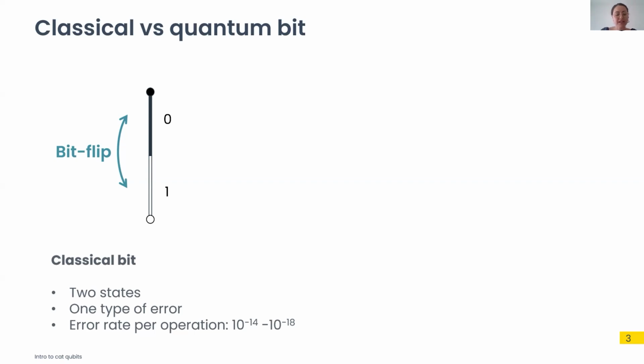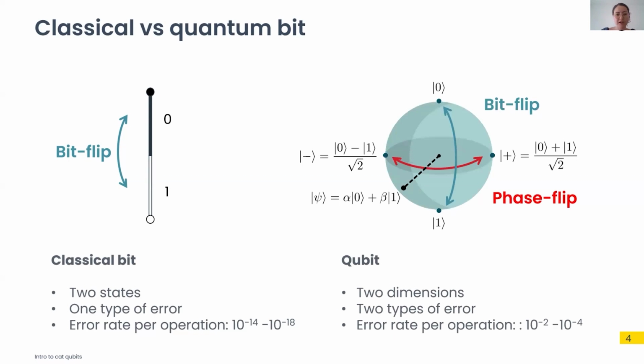And then if we try to compare this to quantum bits, we now have this representation of a Bloch sphere. We have these two dimensions. We have our quantum state, the zeros and the ones, around all this Bloch sphere. And now the particularity is that we have these two dimensions, this Bloch sphere, and then we have errors that can be projected on either bit flips or phase flips.